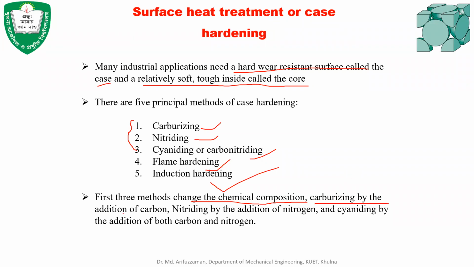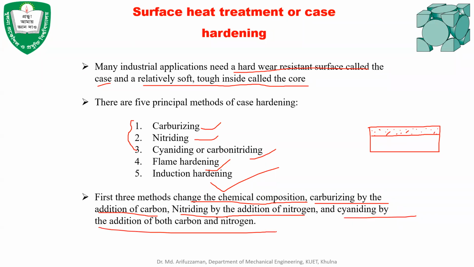Carburizing is by addition of carbon. That means in carburizing, you add carbon to the surface of a metal. If this is the surface, you add more carbon in the surface, so it becomes hard. In the case of nitriding, nitrogen is added to the surface of the material to form a certain layer of hardened steel or hardened material.